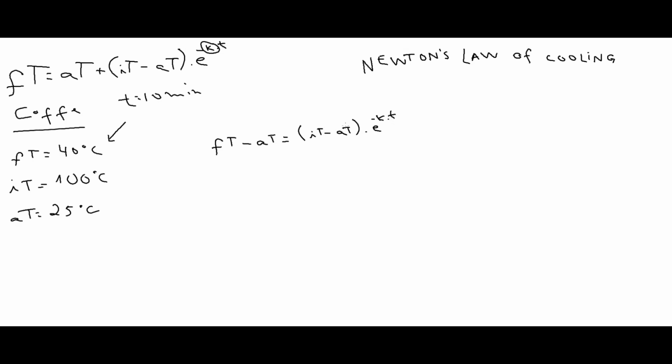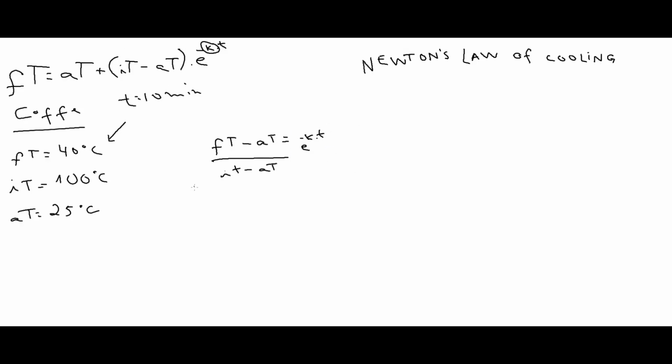Let's isolate this expression, passing it through there, so it's going to be divided by the initial temperature minus the ambient temperature. Now I can put it like that.